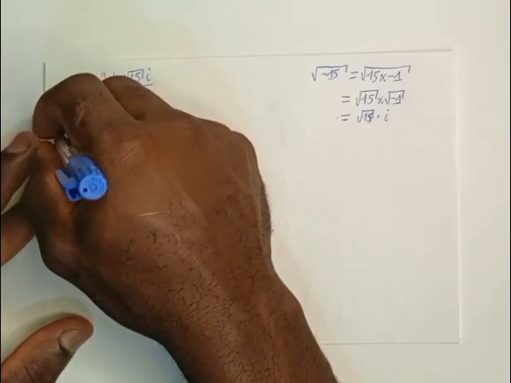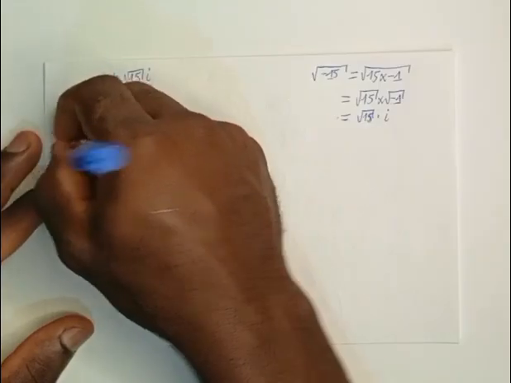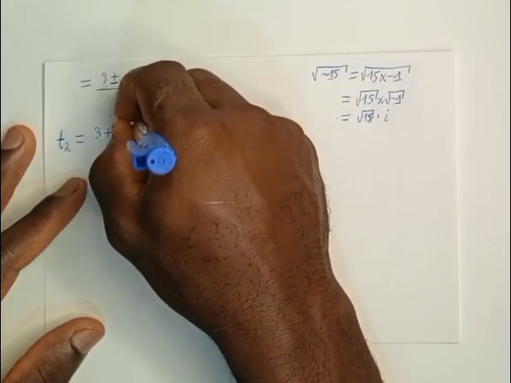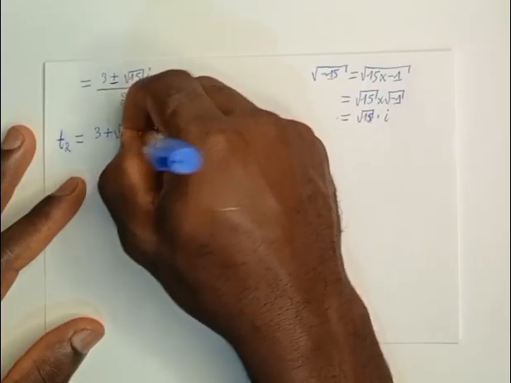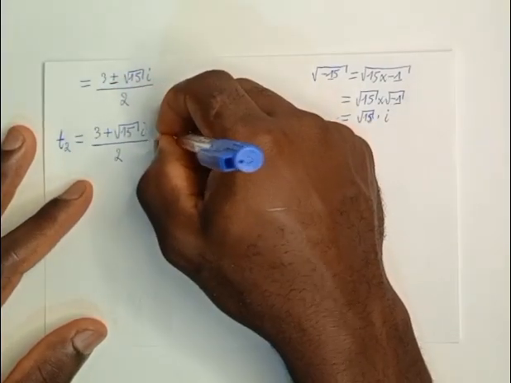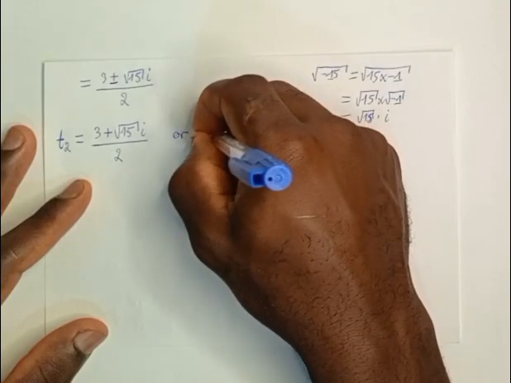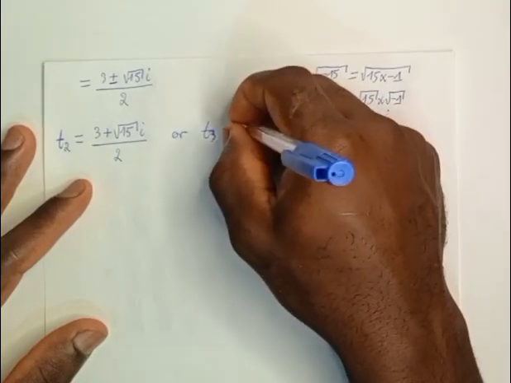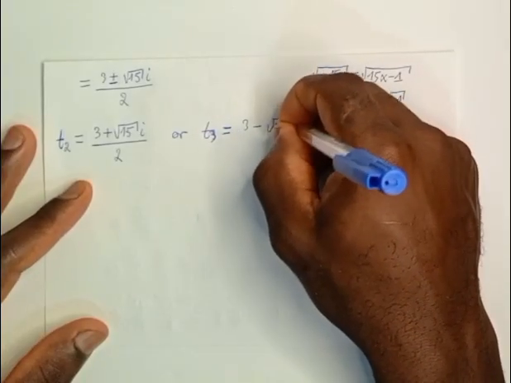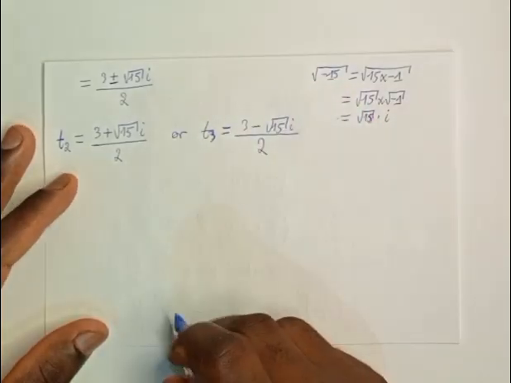It simply means our t2 is equal to, take the first case for addition, 3 plus root 15i, we divide by 2, or our t3 is equal to 3 minus root 15i, we divide by 2.